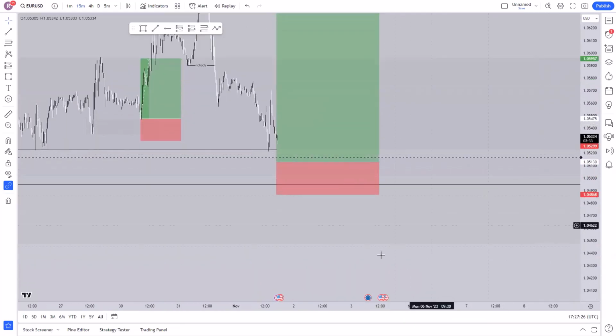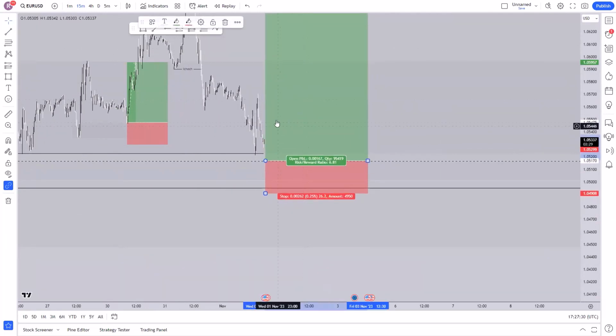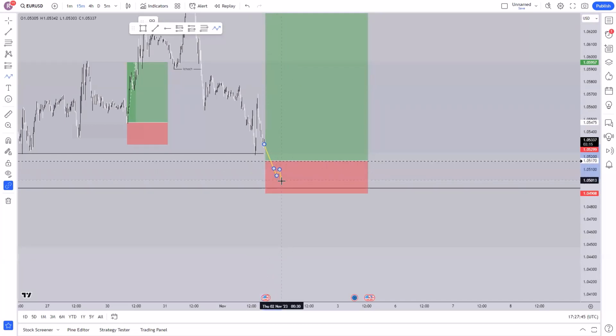So as I said in that previous example, let's say this is price now, right here. We come down and we tap into the POI, we are in drawdown right now. We would be seeing red numbers. We would be in minus. Then we could see all of this and then have that change of character and then get that push.